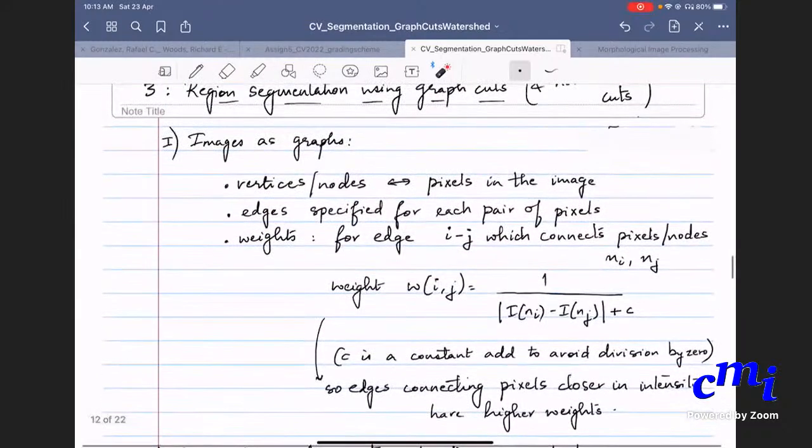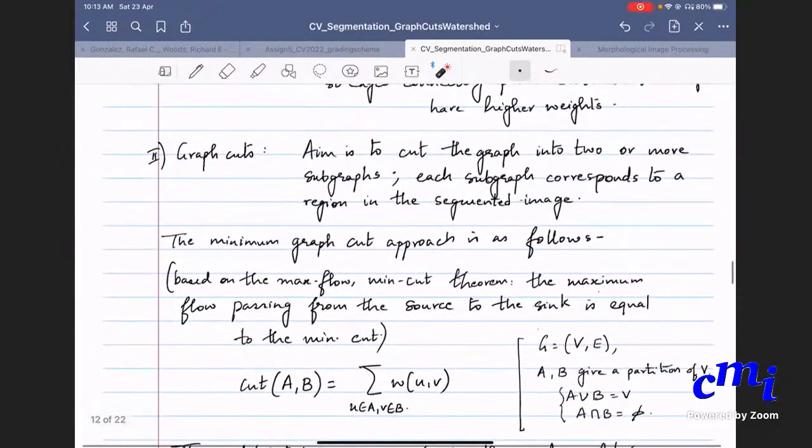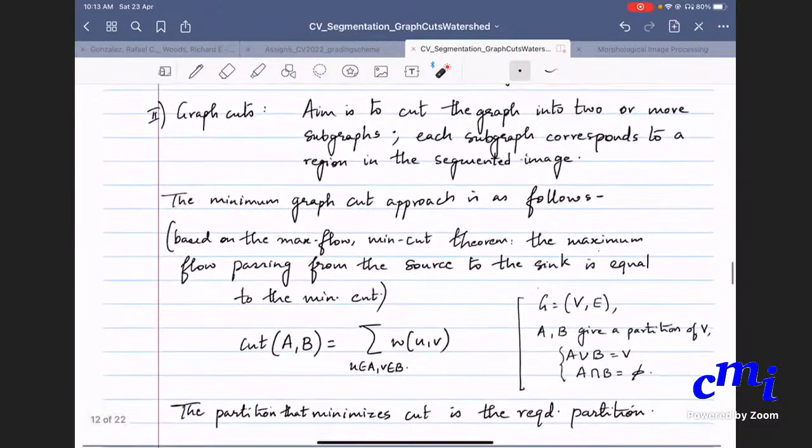So in this way, an image can be viewed as a graph, and the algorithm for graph cuts, which is an algorithm generally in computer science or in spectral graph theory, can be applied for segmentation. So I will describe the method briefly.